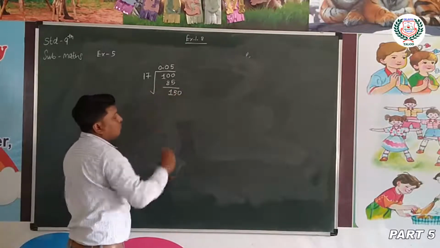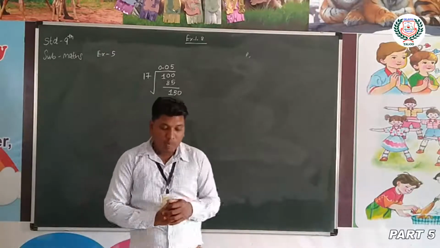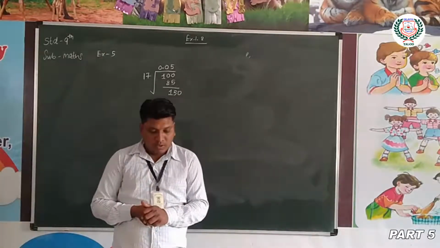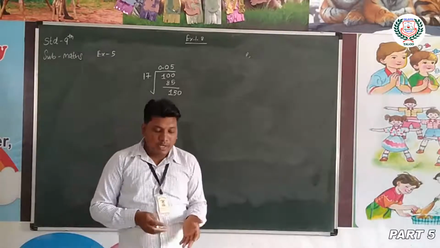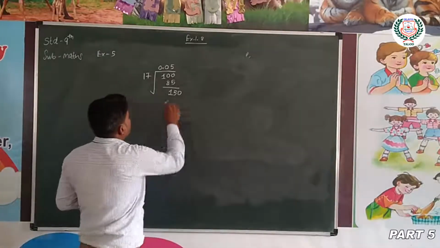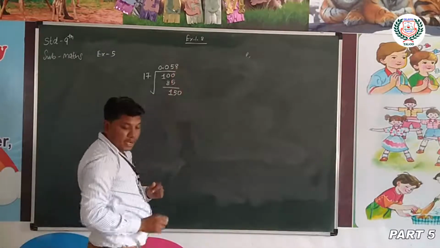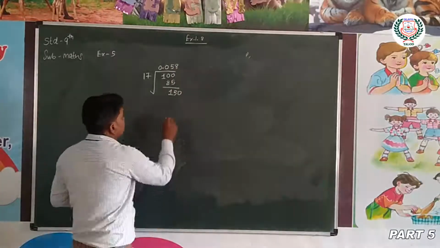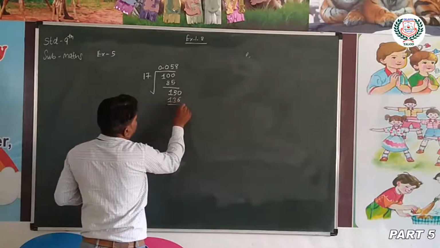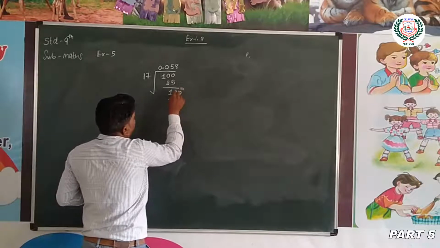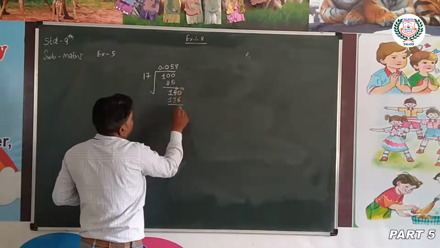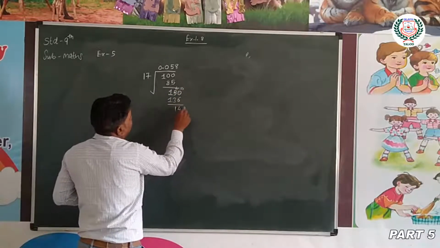Once again 0. 150. 17 eights are 136. So 10 minus 6 is 4, and 14 and 0.